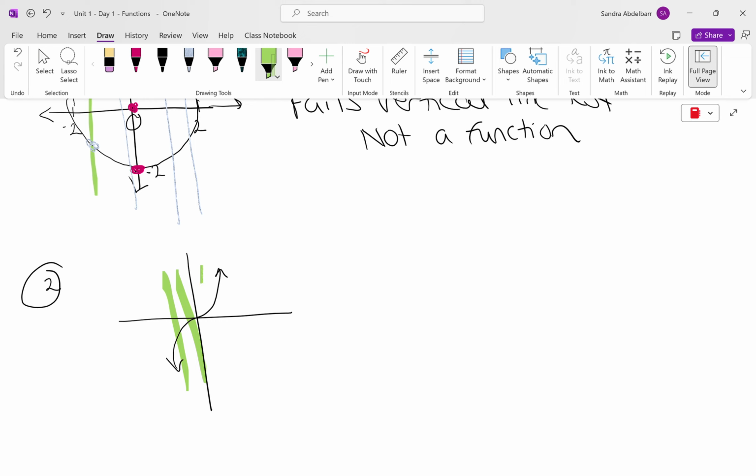What do we think? Is this a function or not a function? This is absolutely a function. It passes the vertical line test.